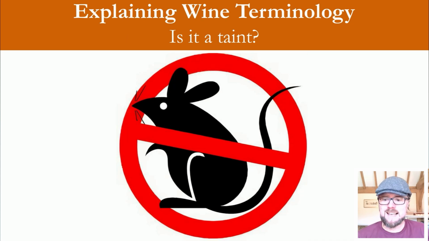So, is it a taint is a question we can ask. Should winemakers, if they do know it's evident in their wine, should they be selling their wine? Some people really have a differing and quite divisive opinion about this, because it's not a problematic taint in terms of your health.